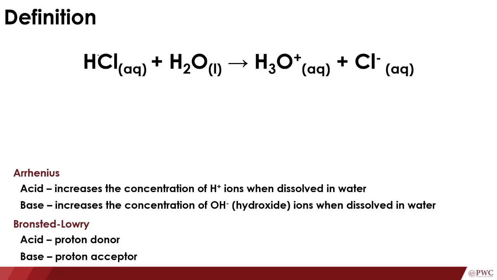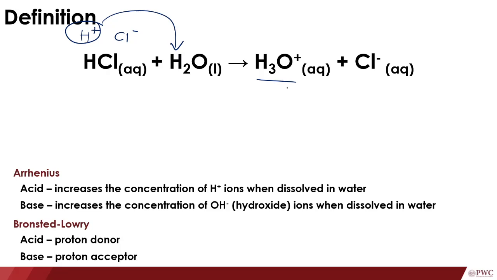So again, here we have HCl. When we dissolve it in water, it dissociates, breaking into H plus and Cl minus. This H plus is positive, so it will be captured and react with the H2O, forming H3O plus, and of course Cl minus will be left as an ion here.